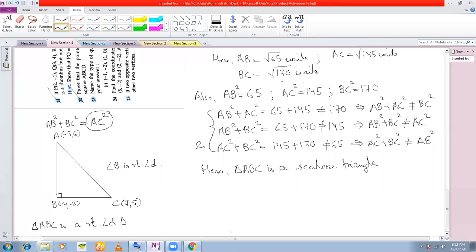So after finding the lengths from the distance formula, and after checking what kind of triangle it is, only then do we draw the figure, because when the coordinates are given, we are not sure which angle is right angled or which side is what. So only after finding out the lengths of the sides and after checking should you draw the triangle. But drawing the triangle is important. Okay, so I stop here for today.